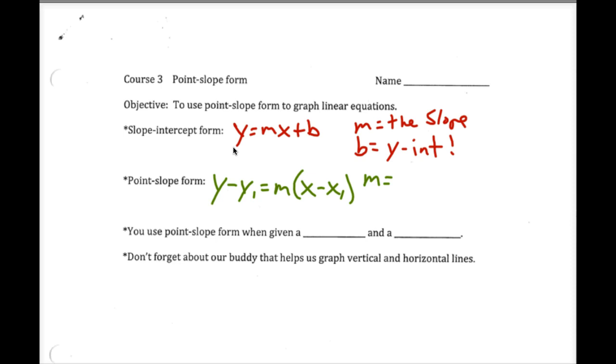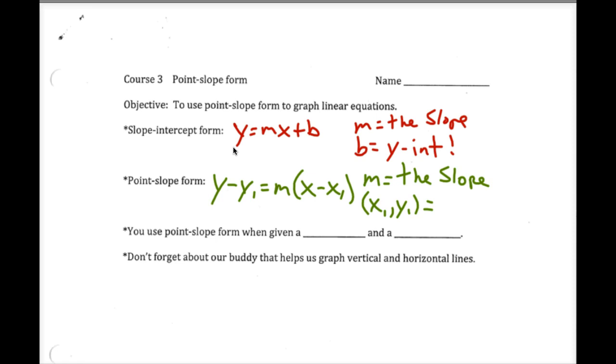Slope. What do you guys think the m is? You think it's the slope? Now, x1 comma y1. What do you think x1 comma y1 is? A point. Coordinate.